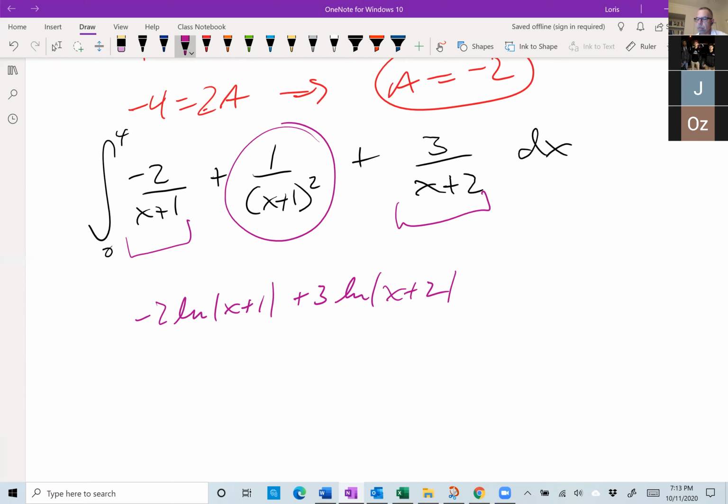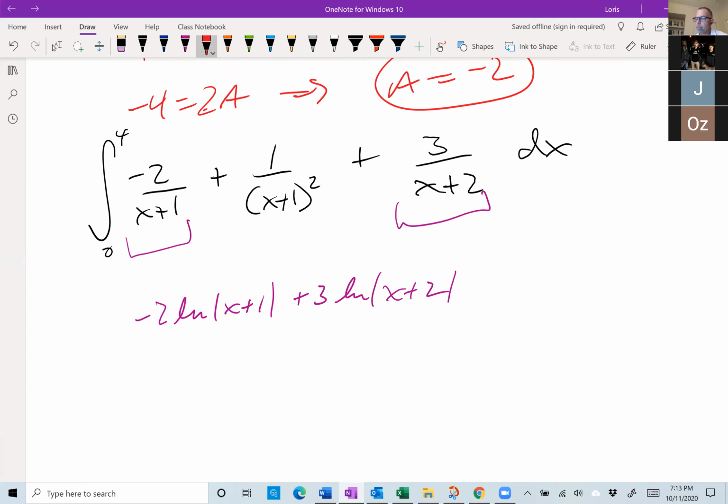And then how would you solve this one? Could you u sub x plus 1? Yeah, u sub x plus 1. So you let u equal x plus 1, du is dx. And so you get the integral from 0 to 4 still, 0 to 4 of u to the negative 2 du.